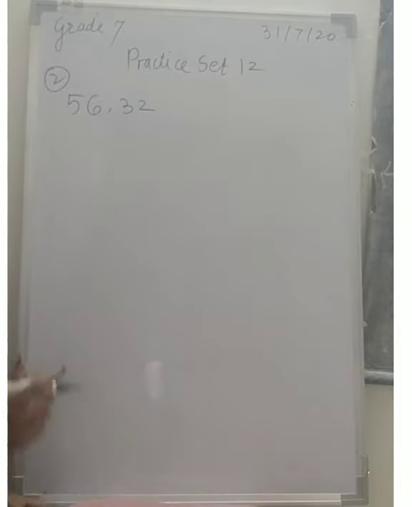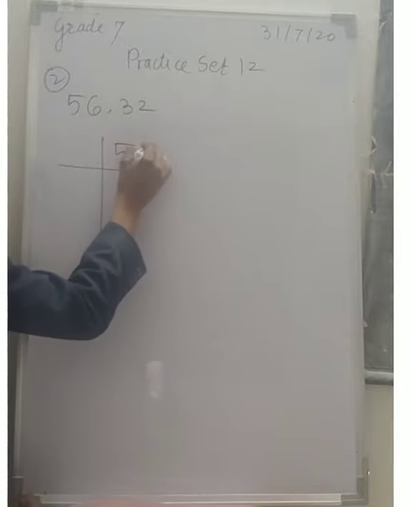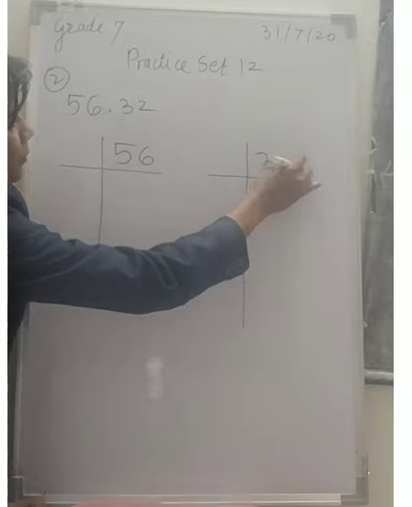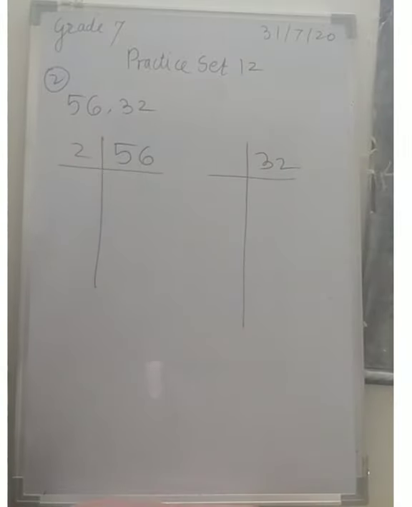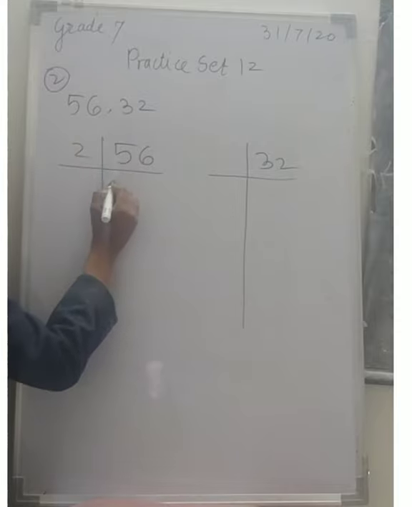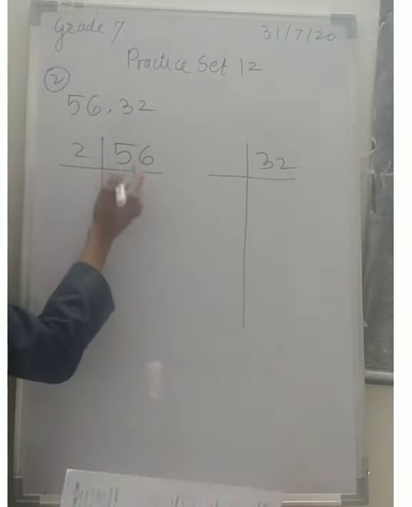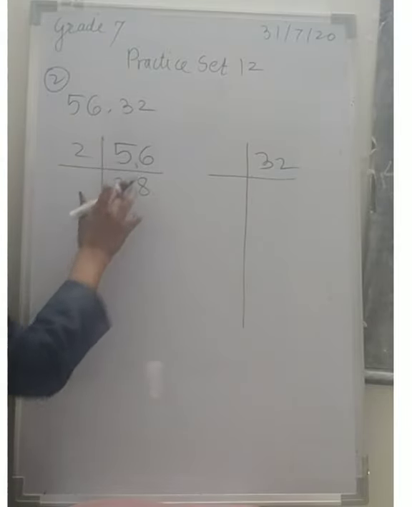The second is 56 and 32. So do it for 56 and 32. 56 can be divided by 2. 2 twos are 4. We have 1 here. So 2 eights are 16. That's how I got 28.